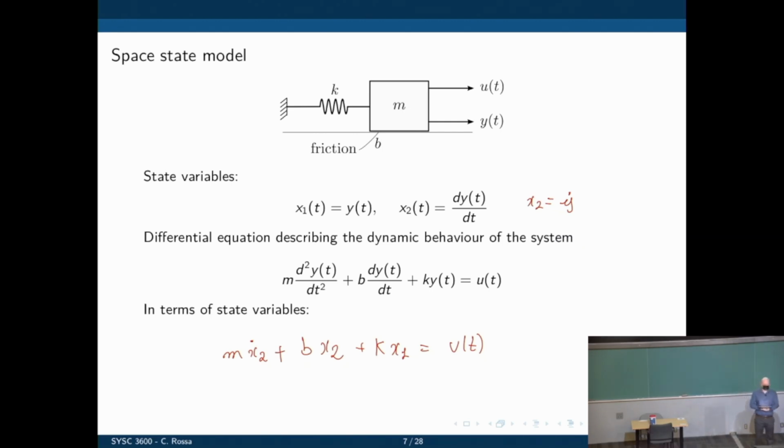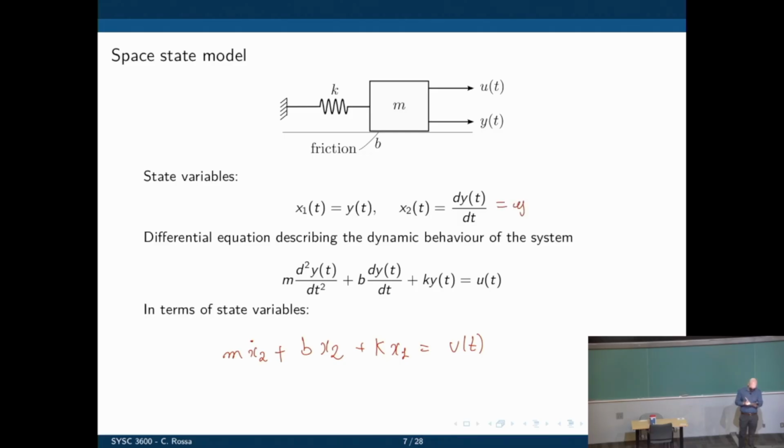Okay. So here we have our equation, now written as a first order differential equation. But I mentioned in the beginning that if you have a second order differential equation, we should end up with two first order differential equations. Here's one. Where's the second one? Well, the second one we can take from the definition of the variables here.